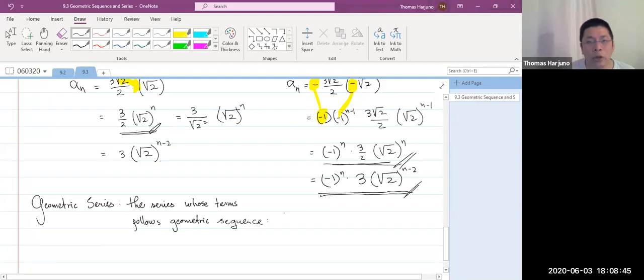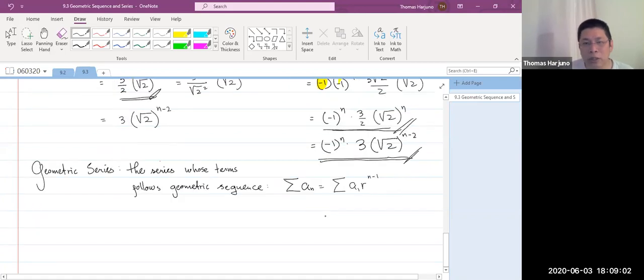Okay, so we know that, for example, the summation looks something like this. Basically, you will see the summation of any number times r to some power n.